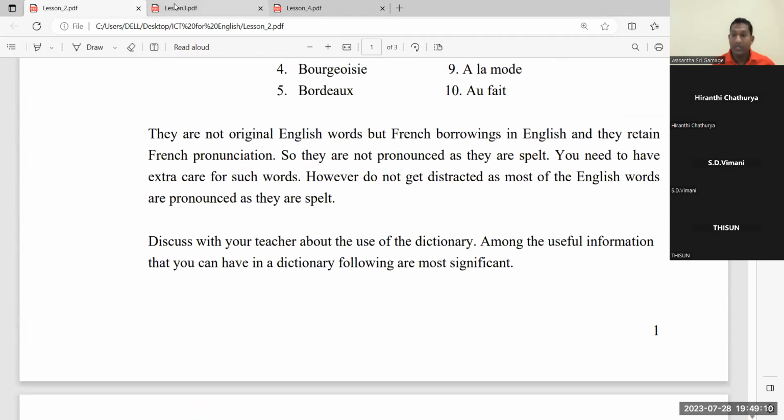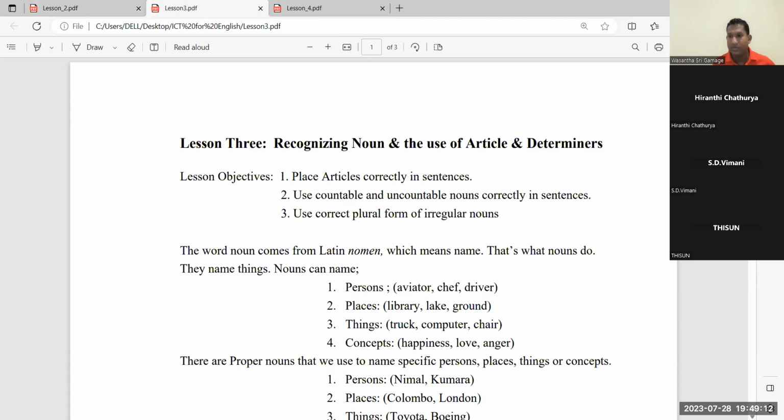So let's go to lesson 3. Lesson 3 onwards will be questions in your examination also. So these are very easy things. Almost all the things are known by you. However, we will briefly discuss these things, and as soon as possible, we will go for the writing part, right? Okay, here, lesson 3, we have to learn about nouns, articles, and determiners.